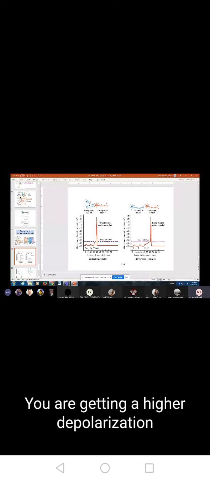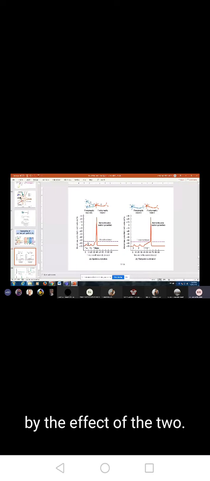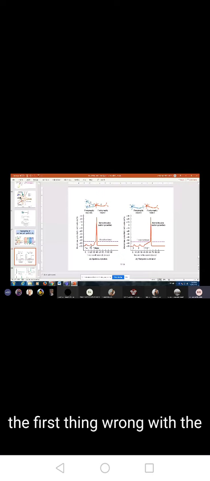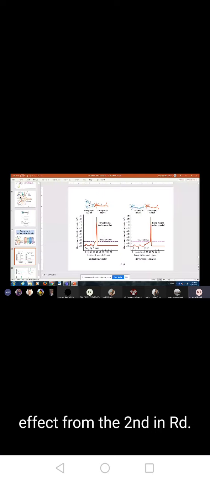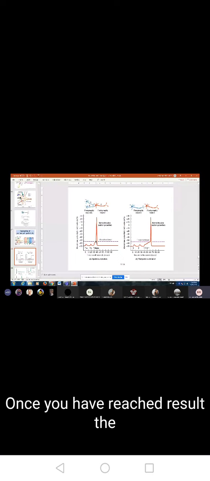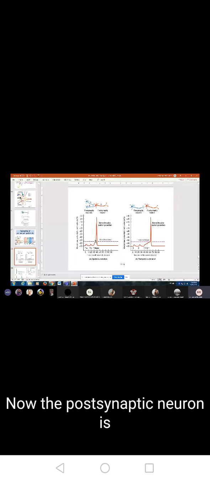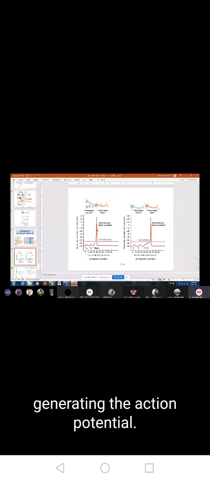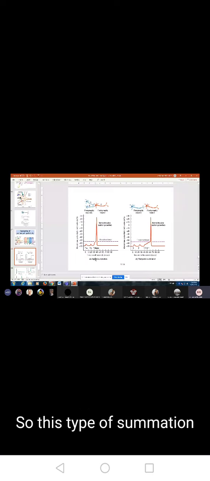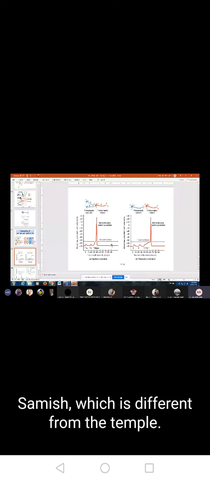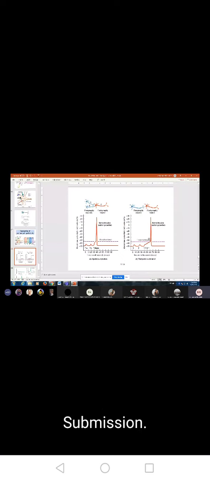You are getting a higher depolarization by the effect of the two. We have summed the effect from the first neuron with the effect from the second neuron to get a higher depolarization, reaching threshold. Once you have reached threshold, the postsynaptic neuron is generating the action potential. So this type of summation is called the spatial summation, which is different from the temporal summation.